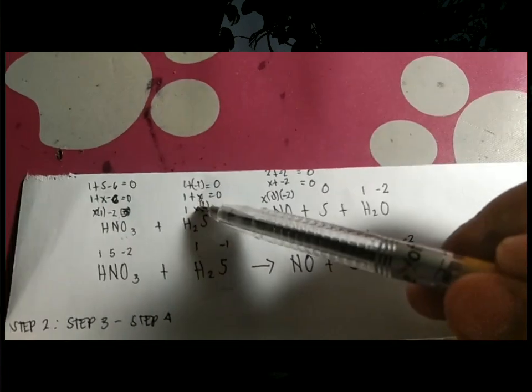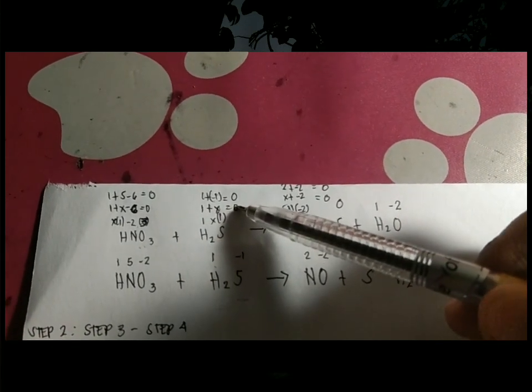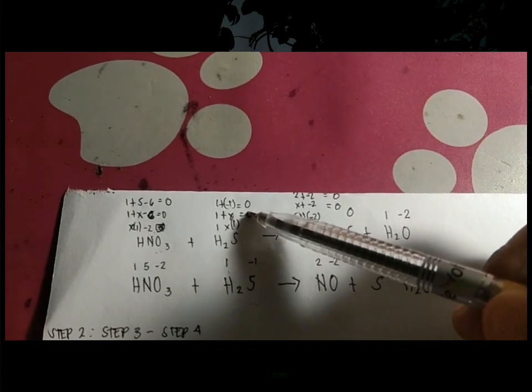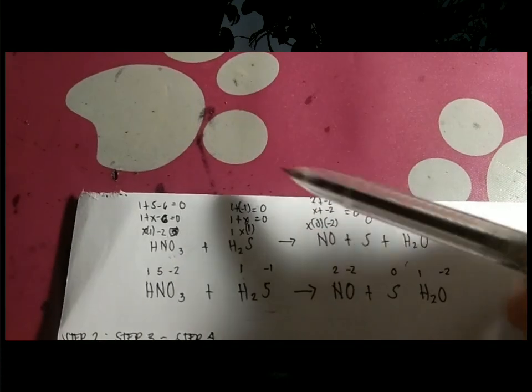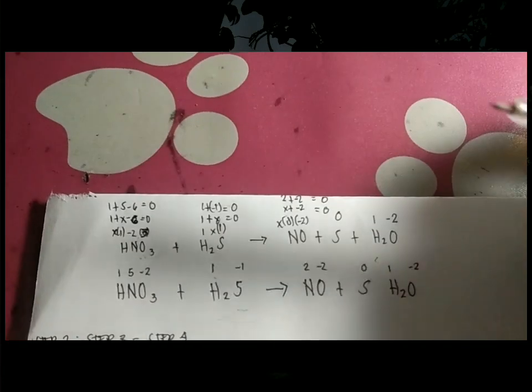So 1 plus x is equal to 0. So we will find also another number that if it is subtracted or added to the number 1, it will become 0. So we have now a negative 1. So 1 plus negative 1 is equal to 0.